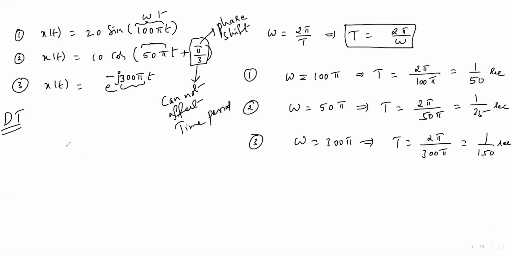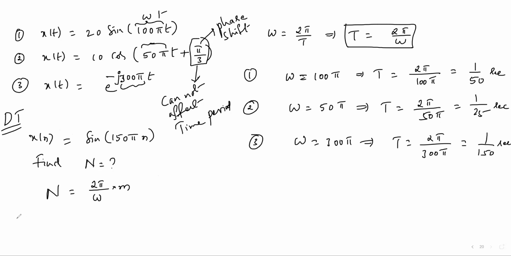Discrete time period calculation: if x of n is given as sin 150 pi n, let us find the time period. For discrete time signals, to find the time period of the signal, observe here, the formula is N equals 2 pi by omega multiplied with small m.